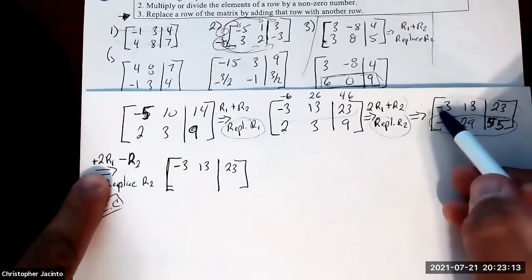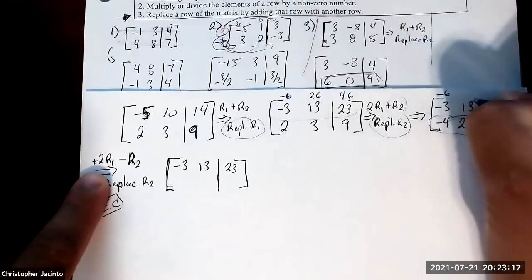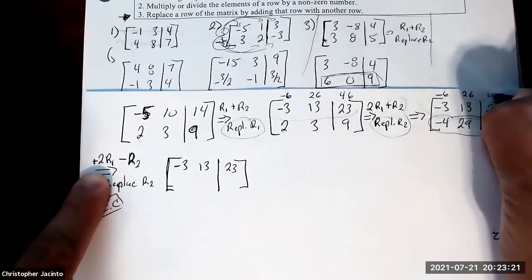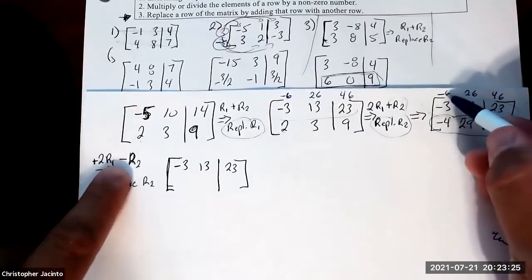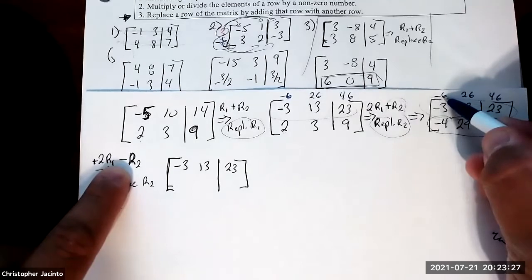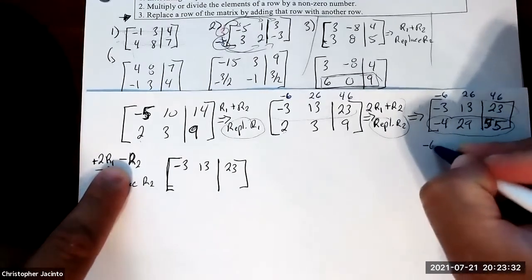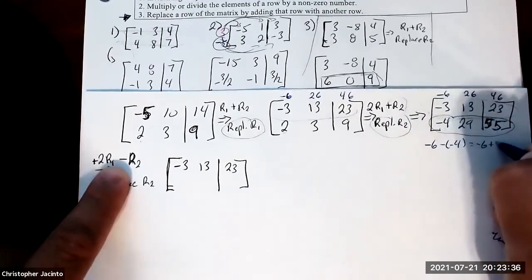So first we're multiplying everything by positive 2. So it's going to be negative 6, 26, and then 46. And now be careful, I'm subtracting. So -6 minus a -4. Be careful, right? This is -6 minus a -4, so it ends up being, you're adding the 4 together.